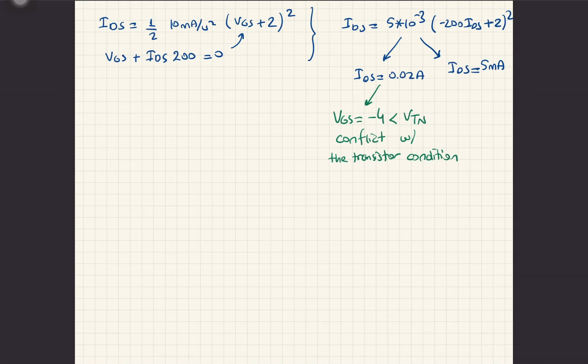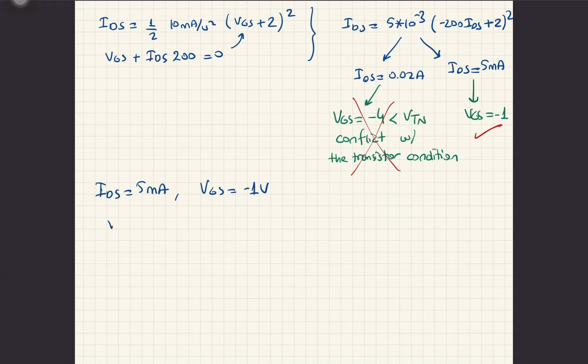So this cannot be a solution. But for the other one, VGS will be equal to minus 1, which is definitely larger than VTN, therefore it's okay. So you are going to choose this one, but not that one. Therefore, you get IDS of 5 milliamps and VGS equal to minus 1 volt.